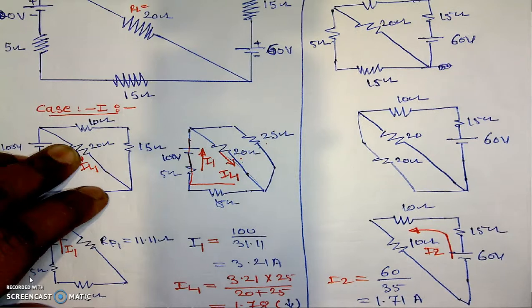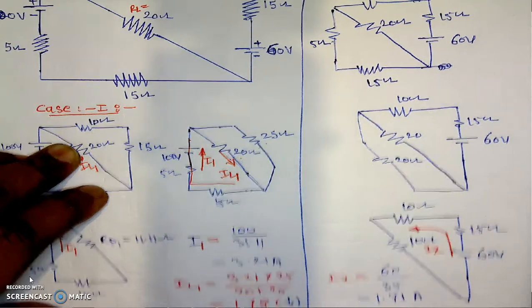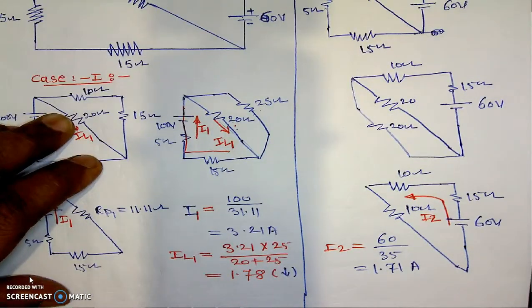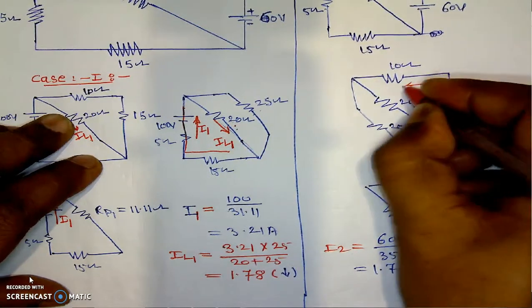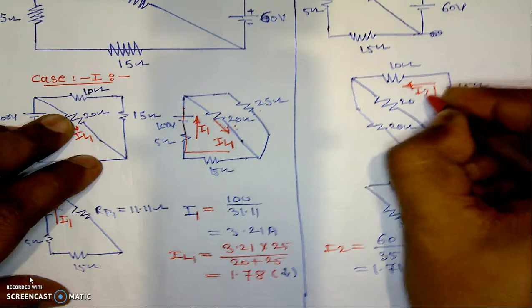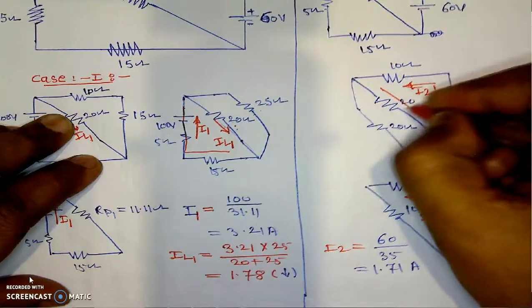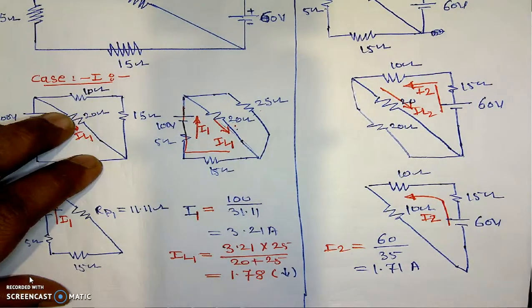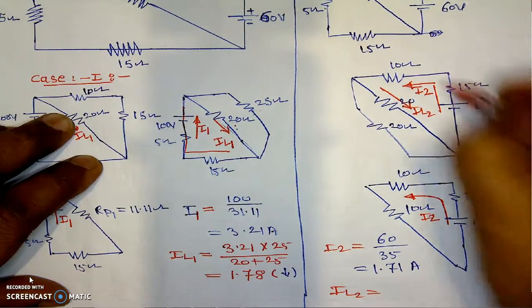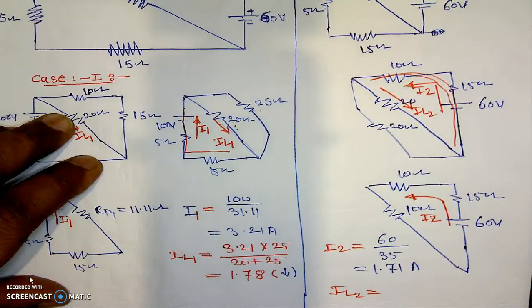Now if we know the total current here, then we can find out where the current is known. The current from the supply, the current from the battery, is known, which is something like this. This is I2. We are interested in this current, I will call it IL2. If we are finding the current IL2, the current in this branch is known, current in this branch is known.